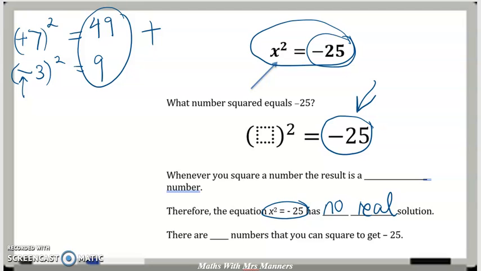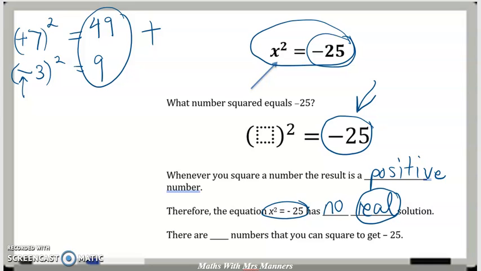Whenever we square a number, the result is always a positive number. So if you get x squared equals minus 25, it means that we are not able to write a solution for this equation. The word real just means a number that I can find somewhere on a number line. So there is no number on the number line where, when I square it, I will get minus 25.